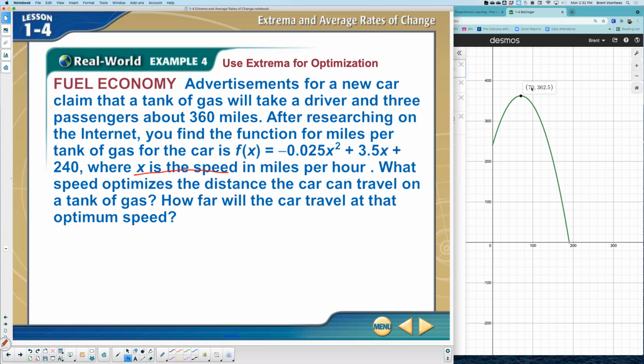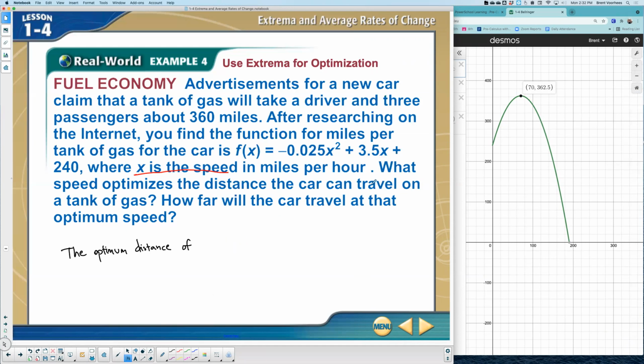Now let's talk about what this means in the real world. 70 is on the x-axis. What was our x value again? Speed. So the optimum speed, or I should say the optimum distance, of how many miles can you go?